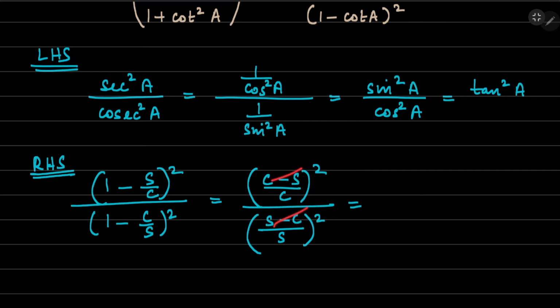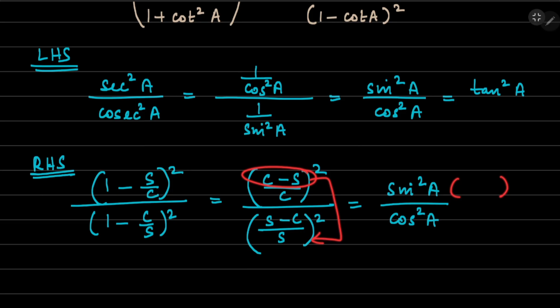So these two terms will get cancelled, right? So what you are left with is sine square by cos square. Okay, so this is also sine square A by cos square A. Because if you multiply here, this cos square minus sine square will be here. Okay, and in the denominator, you will have sine minus cos the whole square, and these two will get cancelled. Okay, both are the same.